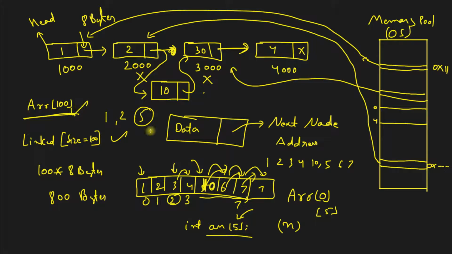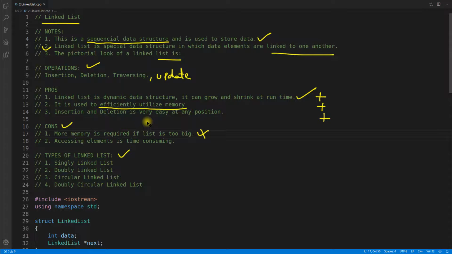So it depends on your requirement what you should use. And there are so many things where you cannot use array like tree, graph and all that, they are actually based on linked list. So we'll see that in the next points. Okay, so we have talked about this point here. More memory is required if the list is too big. Correct. So this is not good.